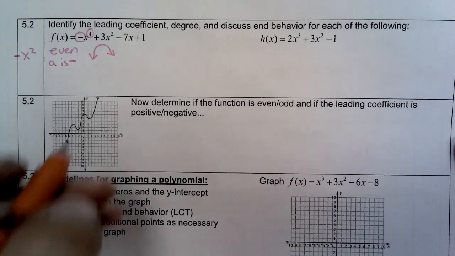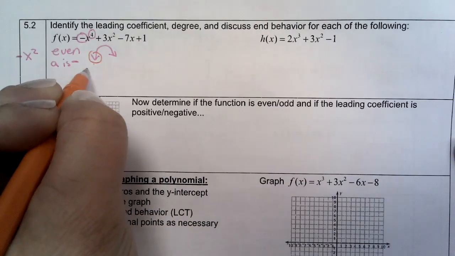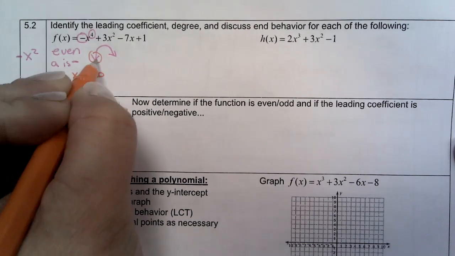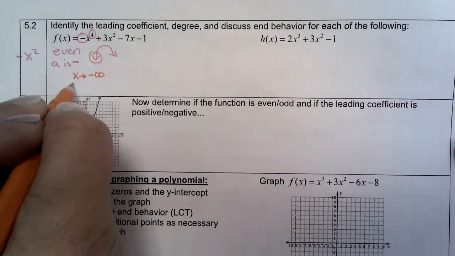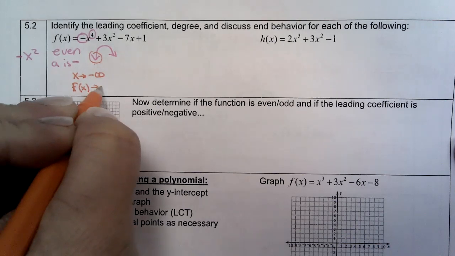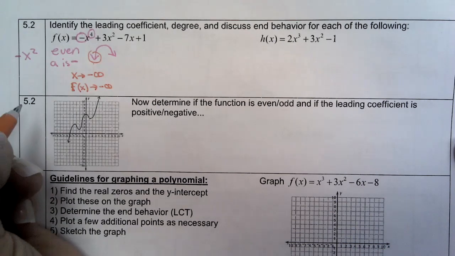Now I have to write down what happens. So we're going to look first at this side, the left. So as x goes to negative infinity, in other words, as it goes to the left, my y value, my f of x, also goes to negative infinity. So here my y goes down.